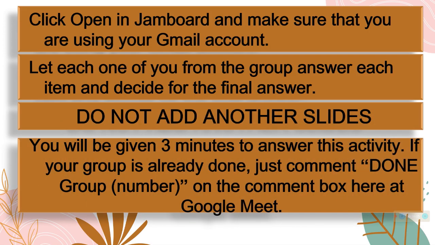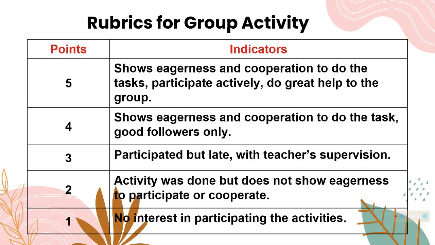Do not add another slide, and you will be given 3 minutes to answer this activity. If your group is already done, just comment "done" with your group number, for example, done group 1, or 2, 3, 4, or 5, on the comment box here at Google Meet.